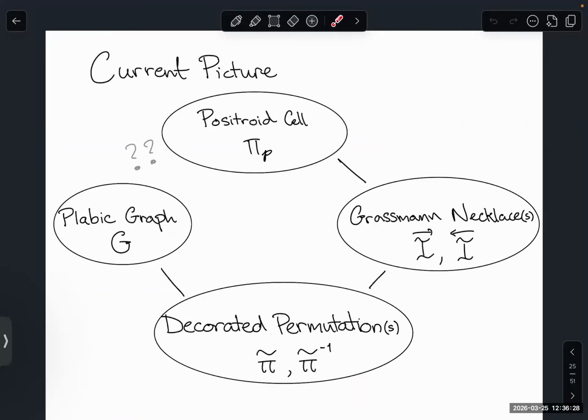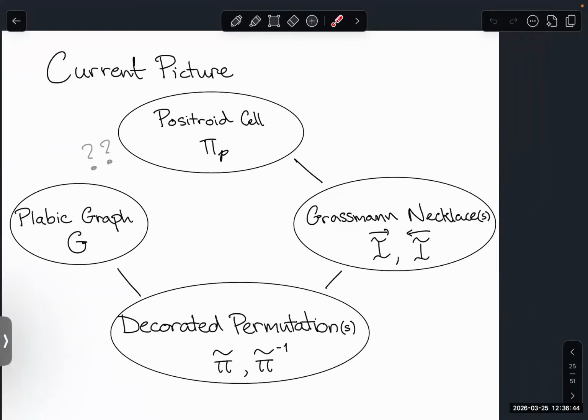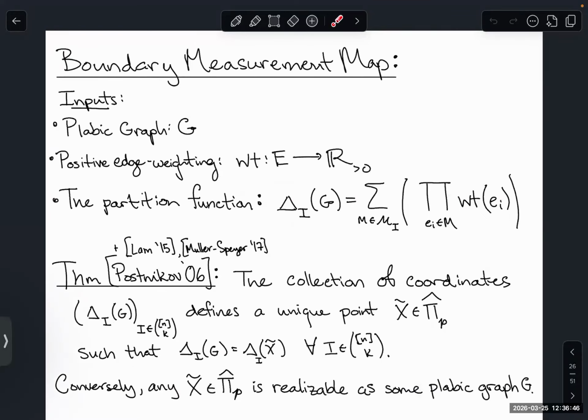All right. So in the current picture of all these bijections that we set up, we never really linked the plabic graphs back to the positroid cells. We kind of did this loop, and I think I'd be leaving something big out if we didn't actually do that.